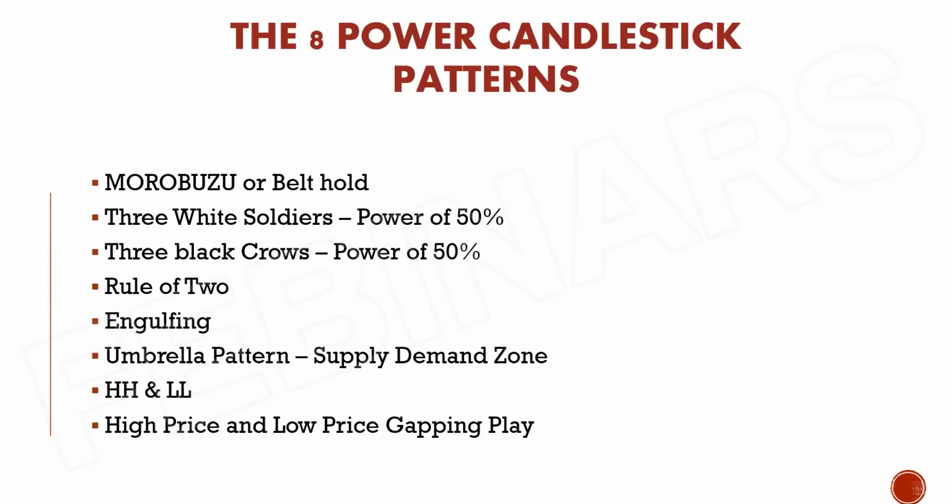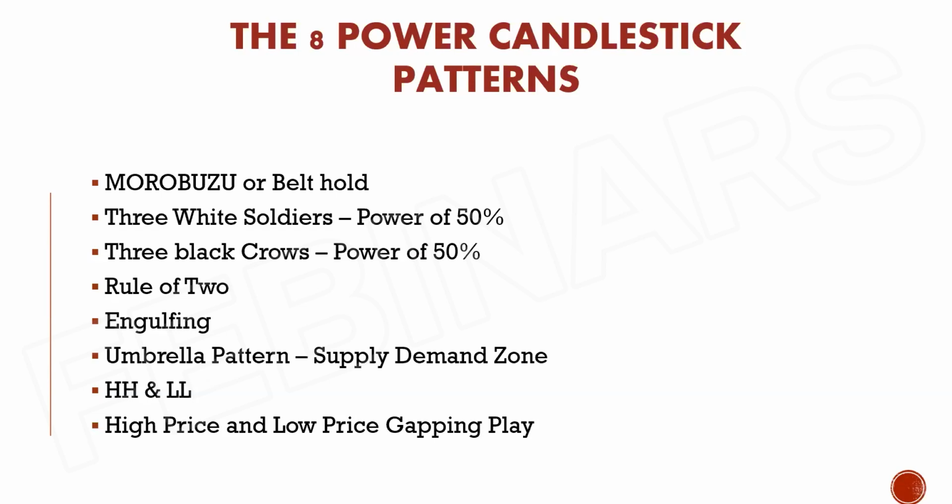Similarly, when three black crows occur, usually 50% I call, but up to 70%, if it retraces and closes above 50%, I would say the power of the trend is gone.